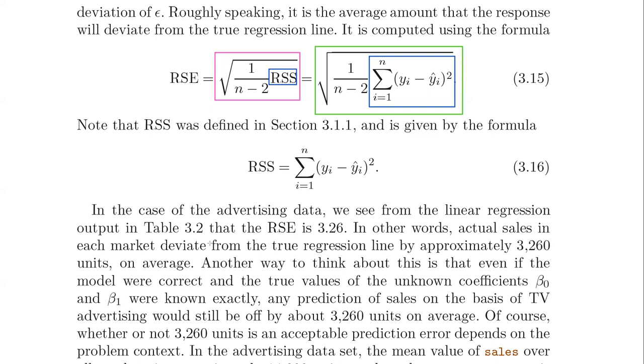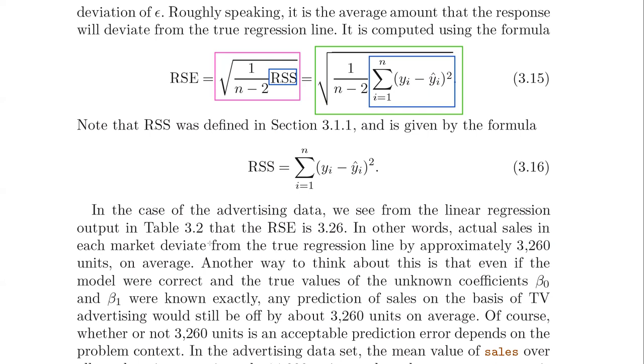So, in other words, actual sales in each market on average deviate from the true regression line by approximately 3260 units.